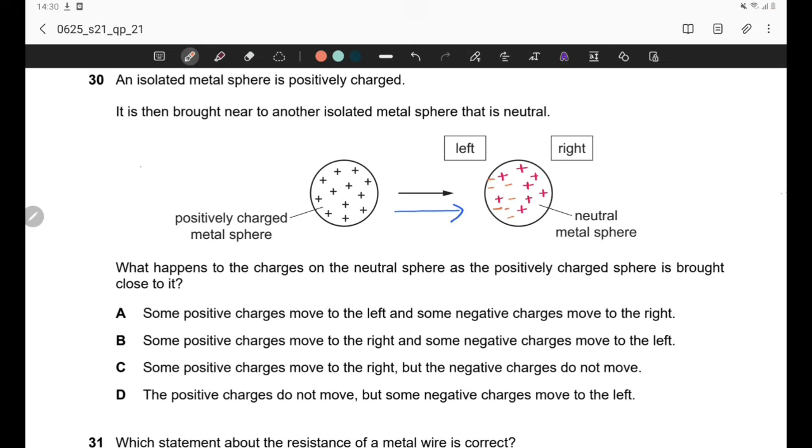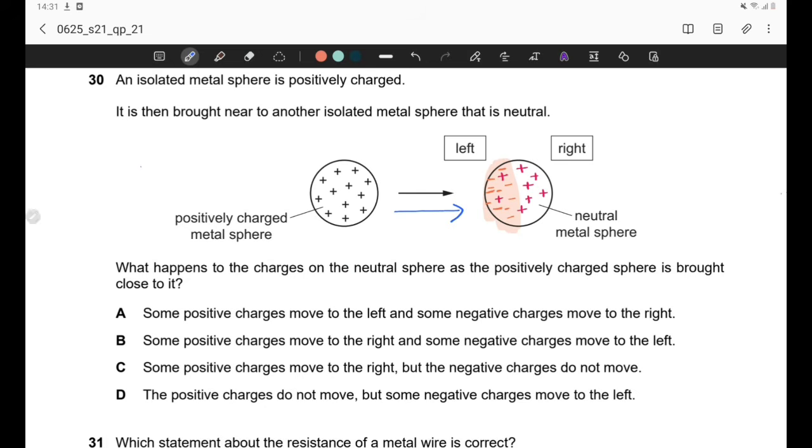So electrons present at the right side of the sphere will also come to the left side of the sphere, but protons will stay in the same place. You can see the electrons will move towards the left, close to the positively charged sphere, due to the electrostatic force of attraction between opposite charges. This is what happens. So we can check the options now.